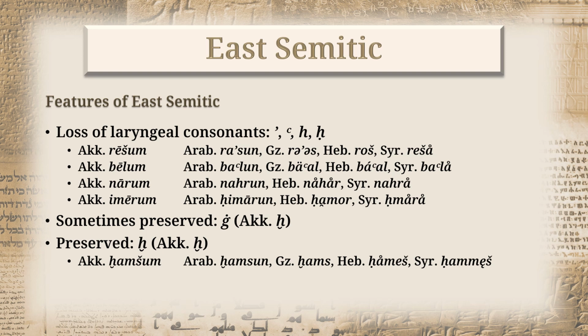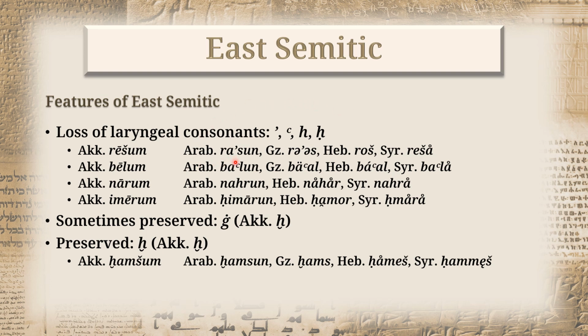So laryngeal consonants are the glottal stop, also known as Aleph or Hamza, depending on what Semitic languages you usually use as a reference to name these sounds. So glottal stop, Ayin, Ha, and Ha, all of them are completely lost in Akkadian from Old Babylonian and Old Assyrian.